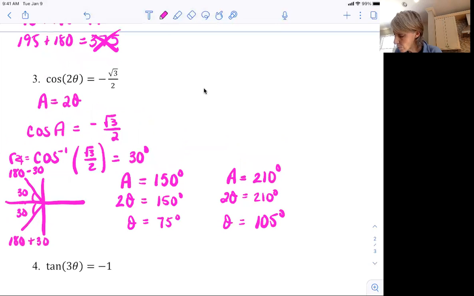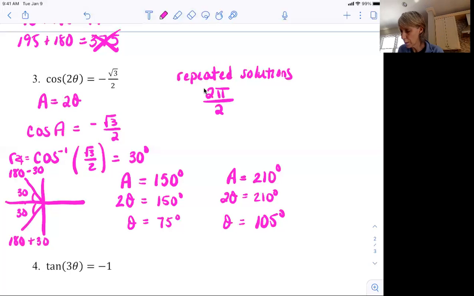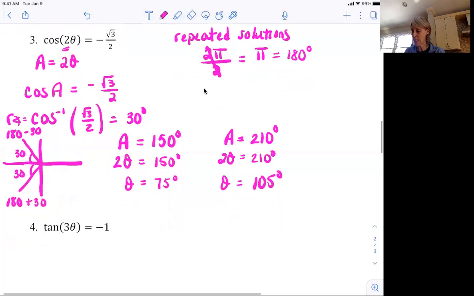So I go back up for my repeated solutions. I'm going to take the period of the cosine function divided by the multiple, whatever number's in front of theta, and my solutions are going to repeat every pi units, or since we're dealing with degrees right now, every 180 degrees.